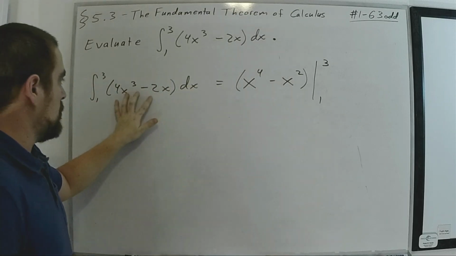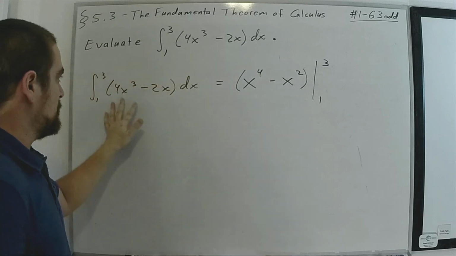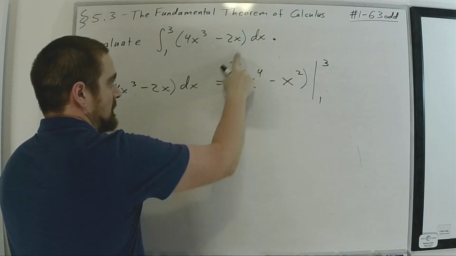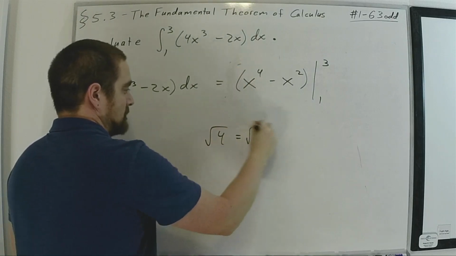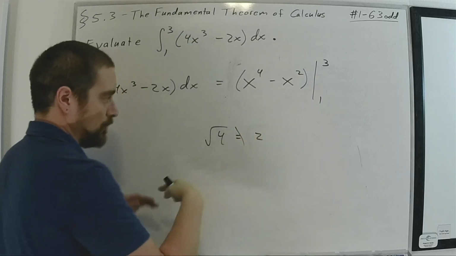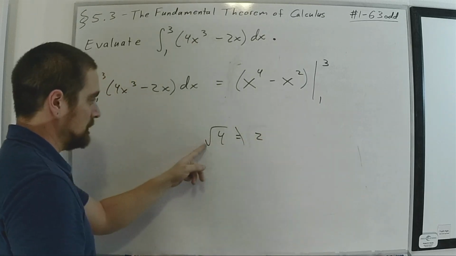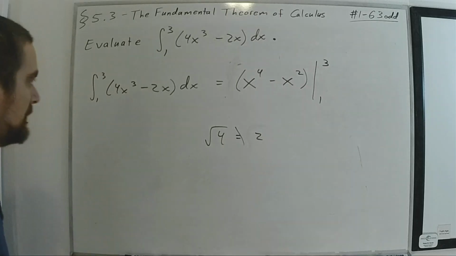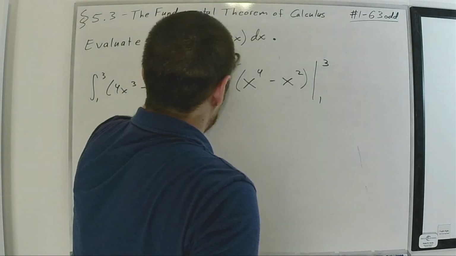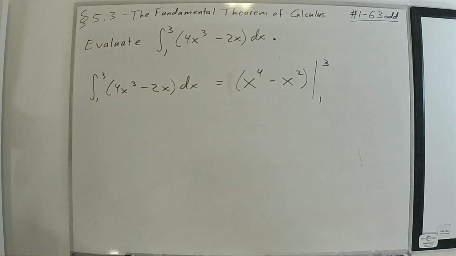So I don't need all that extra stuff left over. Some people will integrate and then leave the integration symbol. That would be like me taking the square root of 4 and saying, that's the square root of 2. That's not true. You don't need that symbol anymore. Get rid of it. You've done the operation. No need to show me that you still need to do the operation. So same thing here. That's why the integration symbol and the dx symbol are being dropped.